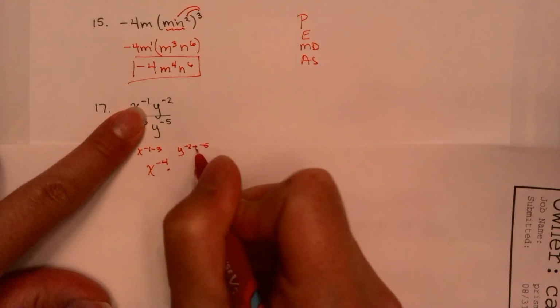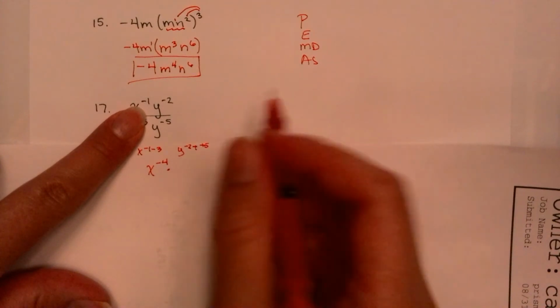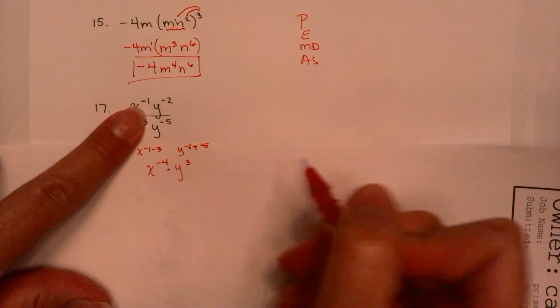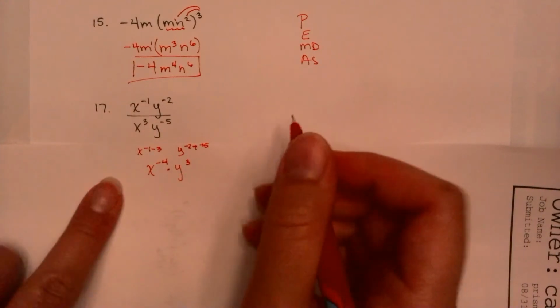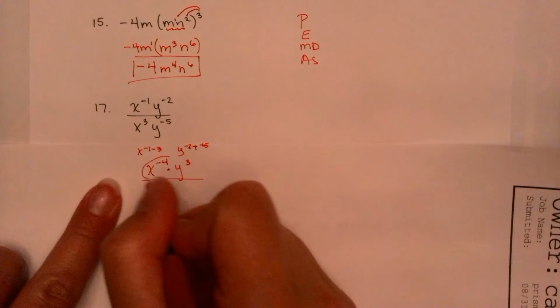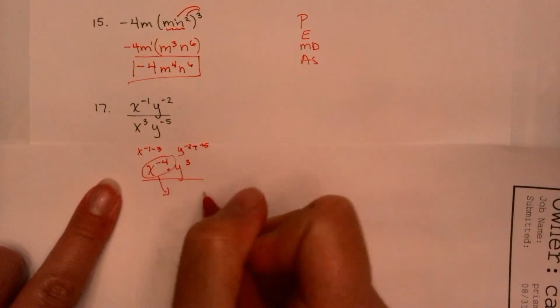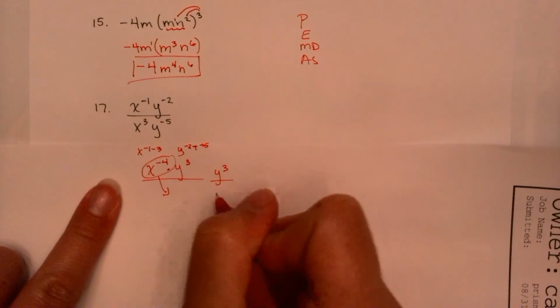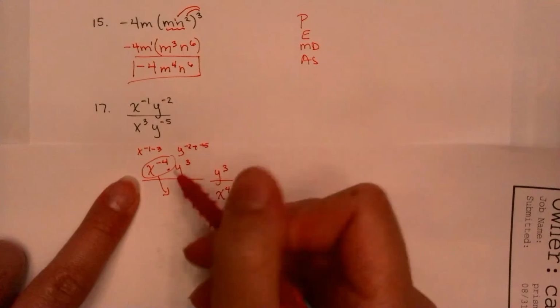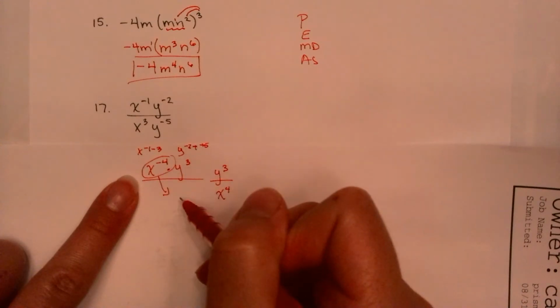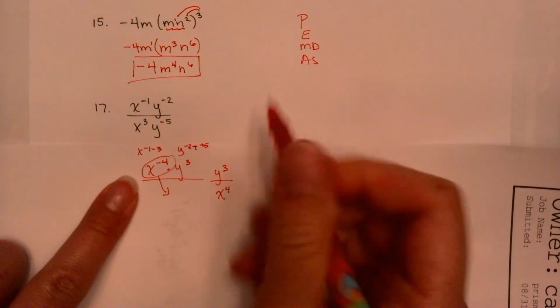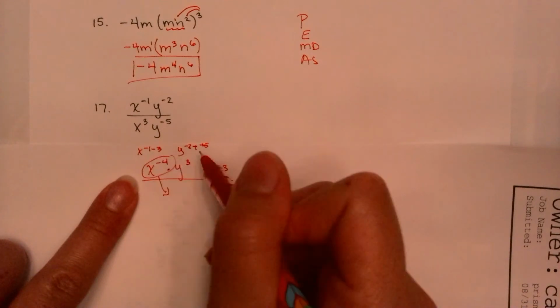So if you did that, would you catch that negative sign and make it y to the 3rd? So I can do it this way, and then I see that negative 4 and it comes down. And so that leaves me y to the 3rd over x to the positive 4. A negative exponent takes the reciprocal, becomes a positive exponent.